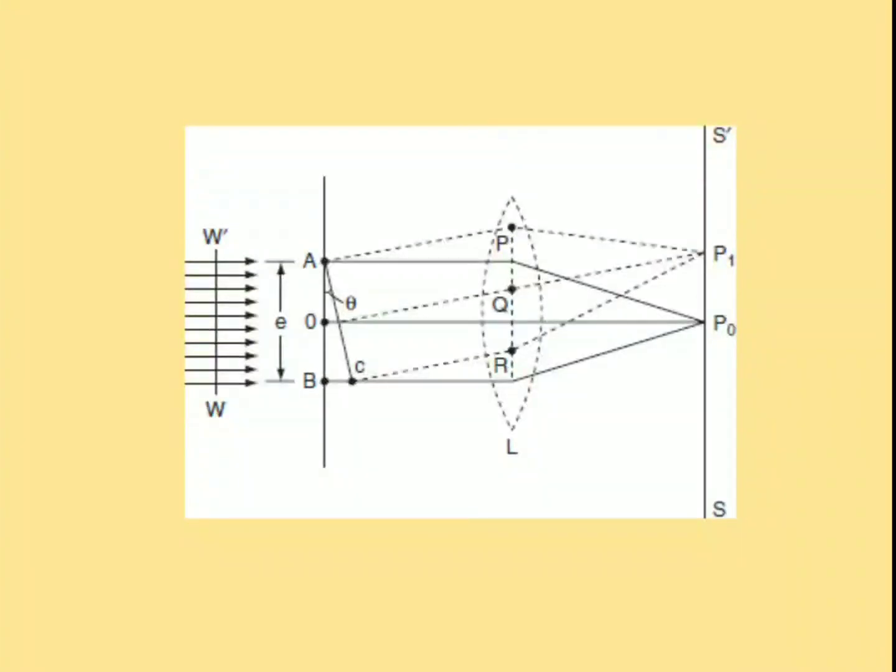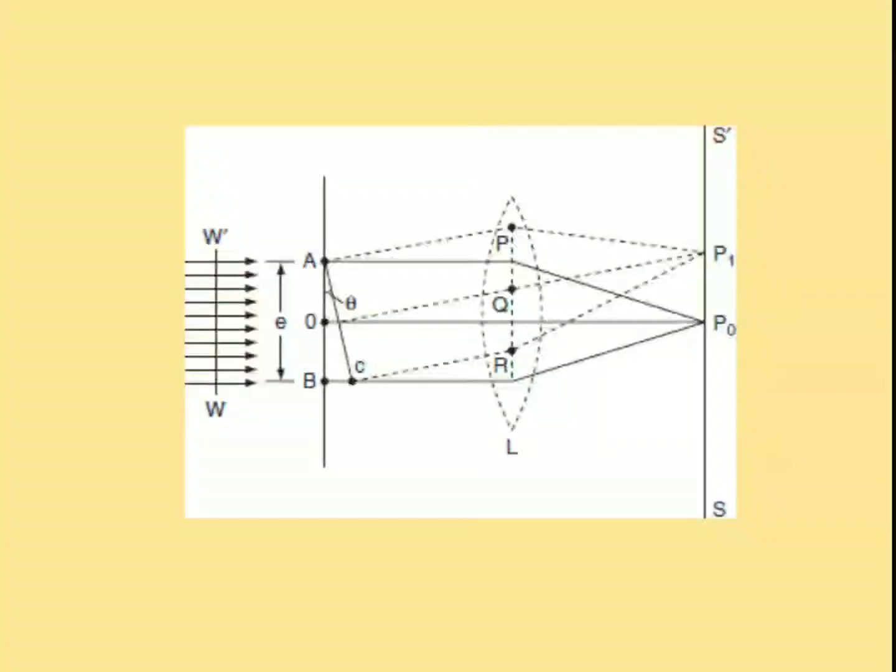We start with the path difference between AP1 and BP1. The path difference between AP1 and BP1 is found with the help of a triangle. For this purpose, we draw a perpendicular, that is AC. From the triangle ABC, we find the path difference.